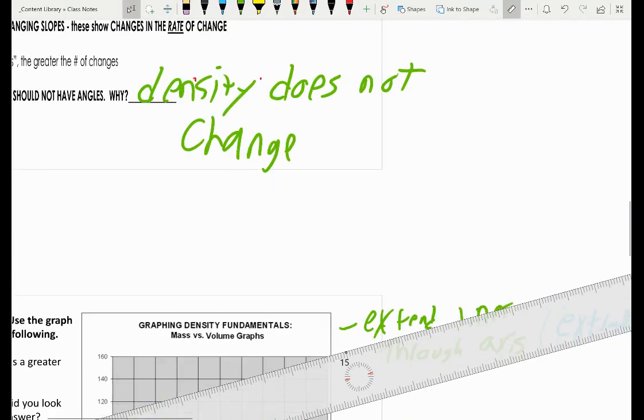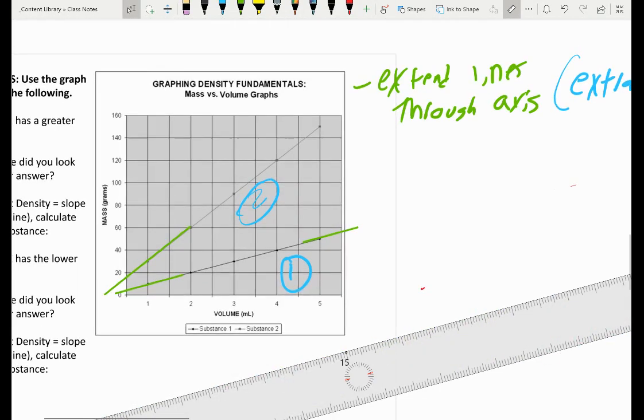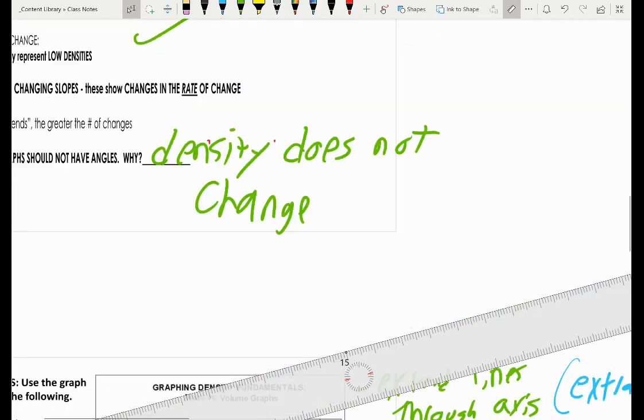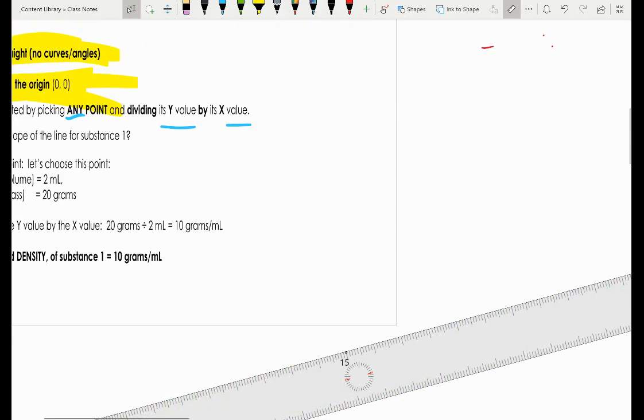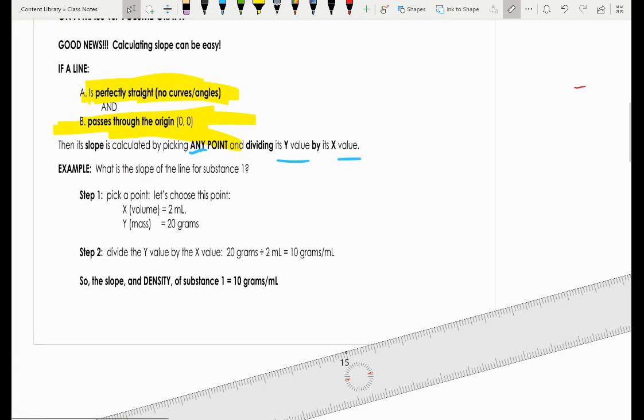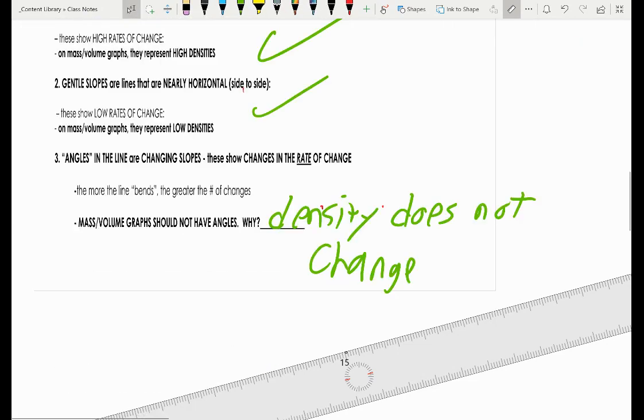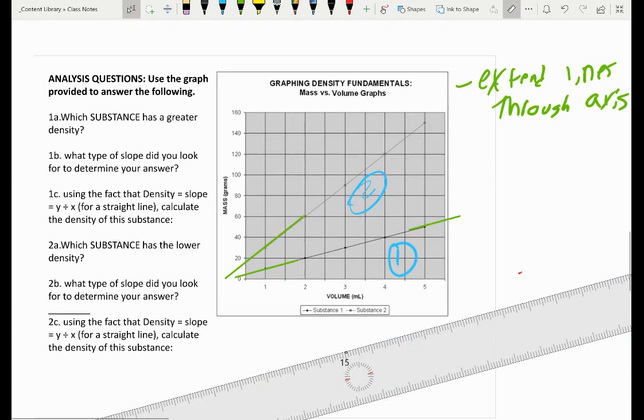Remember up here? The points aren't what? Well, you could label the points. That's not necessarily required, but I'll remind you, what did we write up here? What are the lines supposed to do? Pass through the origin. Look at these lines. They're not doing that, are they?